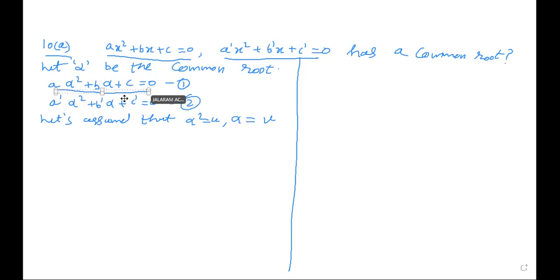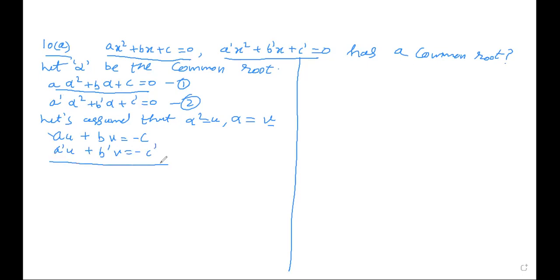In place of alpha square we write u, and in place of alpha we write v. So au plus bv equals to minus c, c is transferred to the other side, and in this if we use a dash u plus b dash v equals to minus c dash.